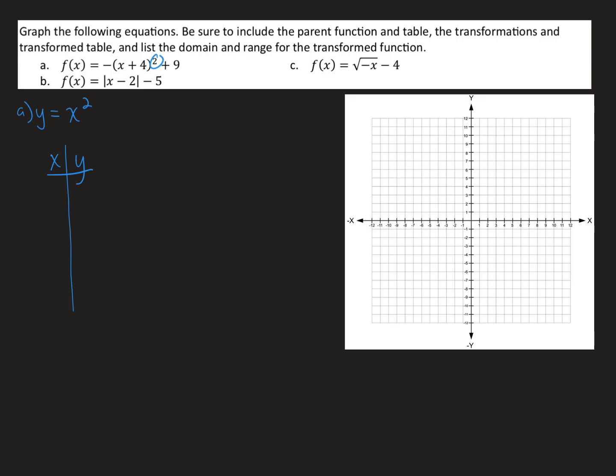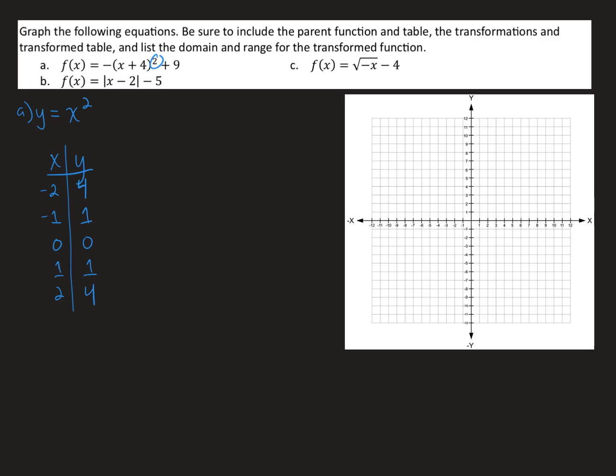And for the majority of parent functions you will look at, you will want to pick these values, -2, -1, 0, 1, 2. And then to find the y values that go with this, you can just substitute the x values in for x and get the y values in return. So 4, 1, 0, 1, 4.